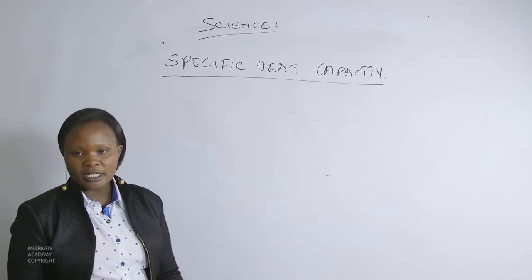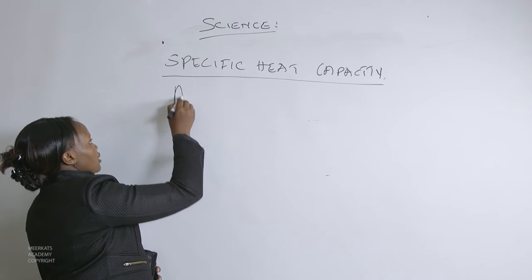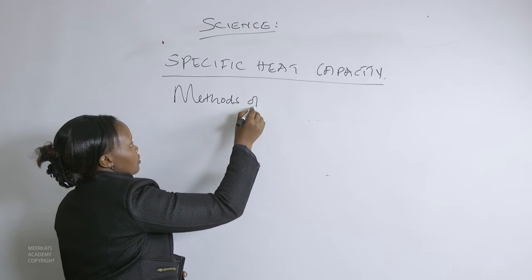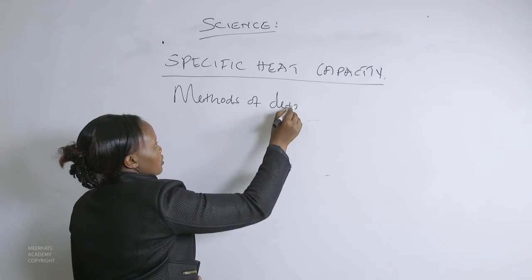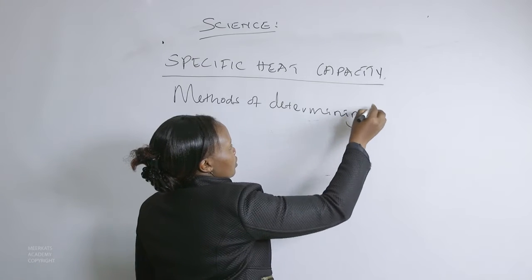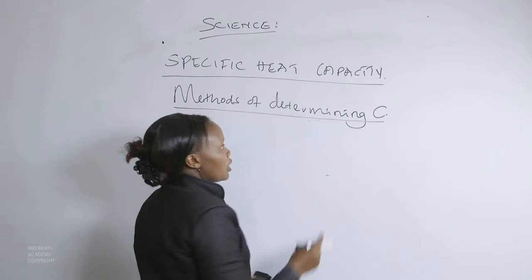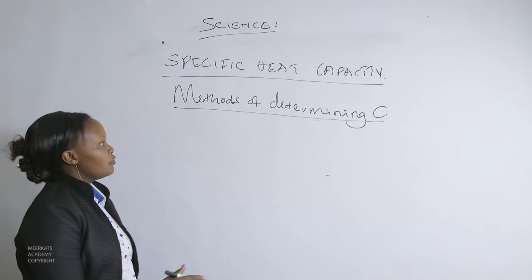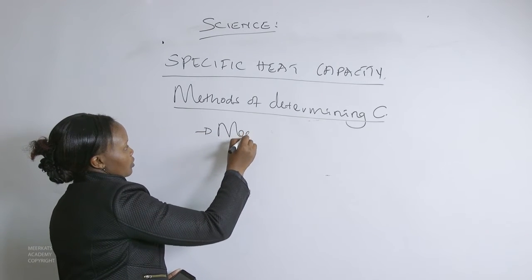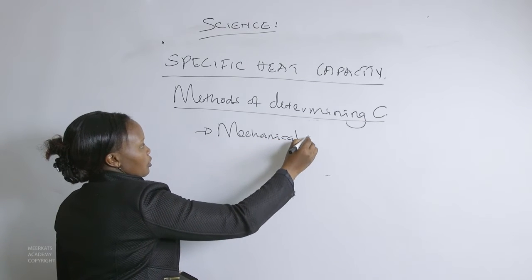We will look at methods of determining specific heat capacity. And we have about four. Number one is what we call the mechanical method.